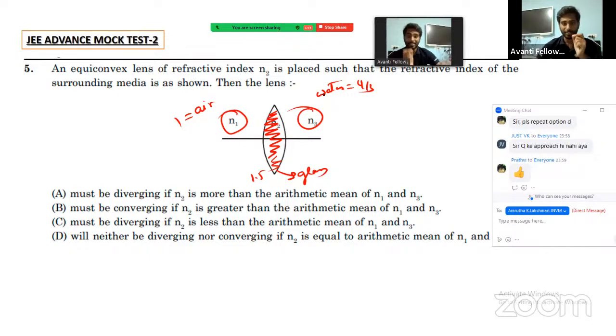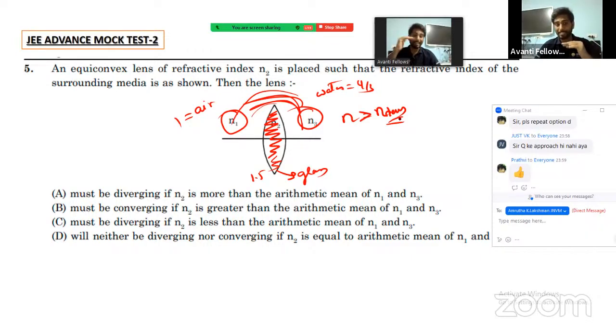Suppose the refractive index of the surrounding is greater than the refractive index of the lens. Then it will act as a diverging lens.